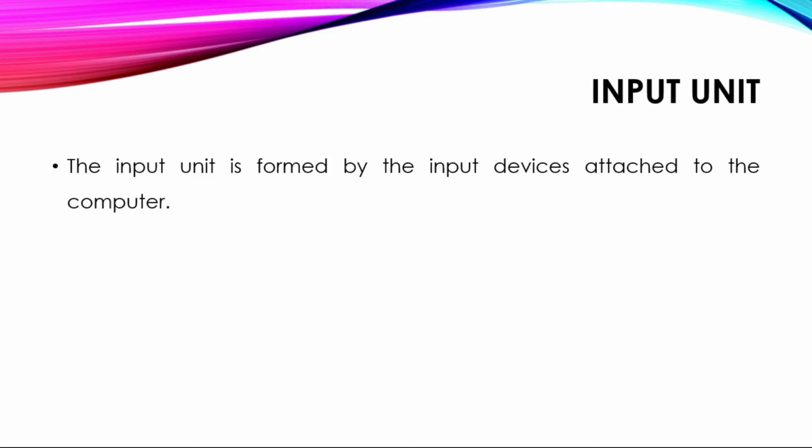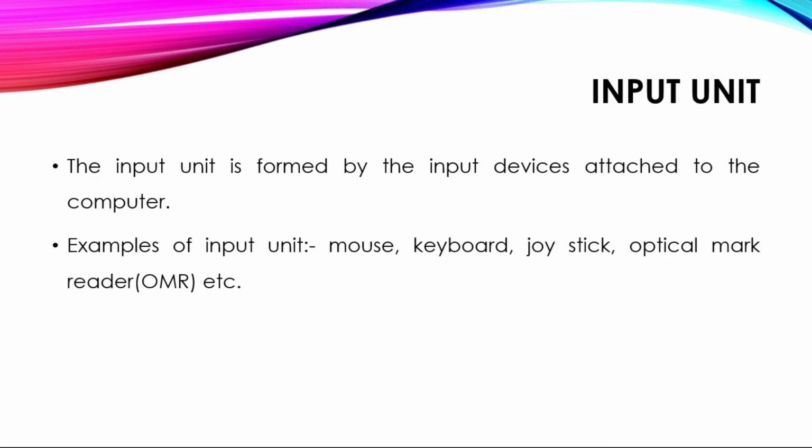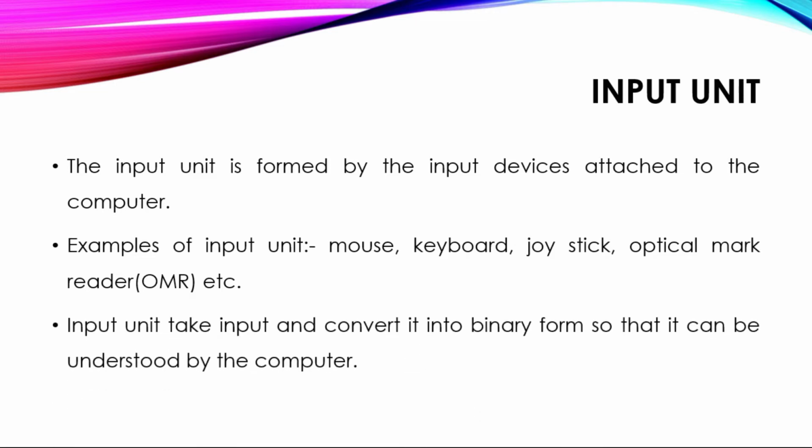An input unit is responsible to convert that higher level language to machine level language, or you can say binary language. Examples of input devices: mouse, keyboard, joystick, optical mark reader, that is OMR, and etc. Input unit takes input and converts it into binary form so that it can be understood by the computer.